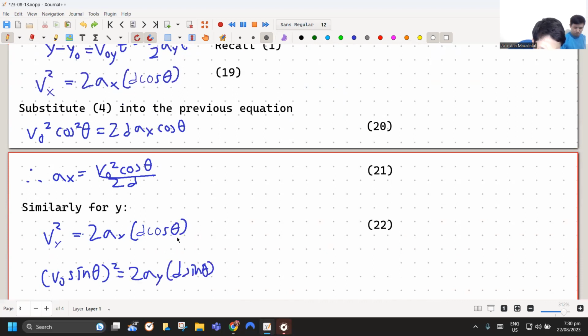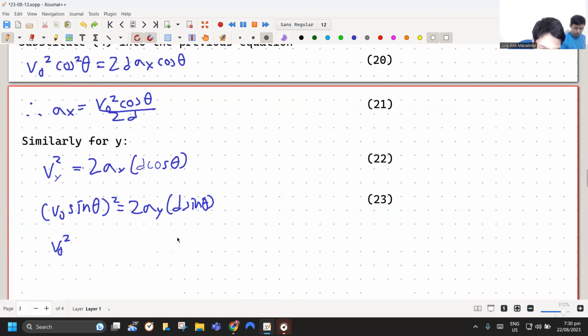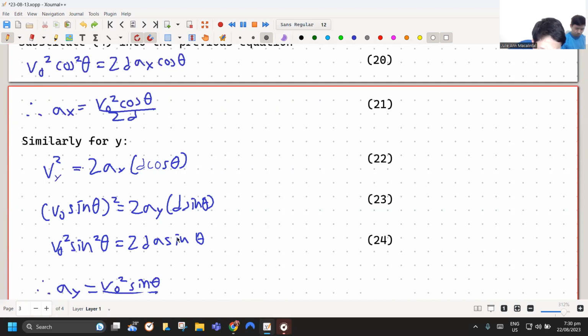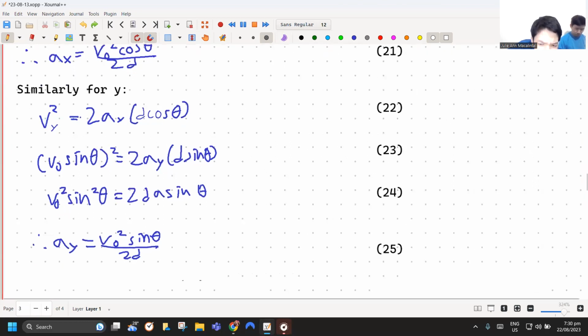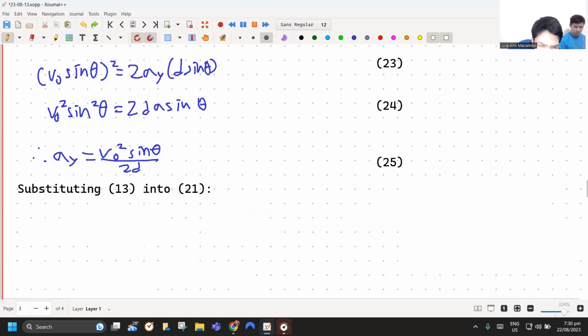And then we can isolate it. Okay, so now Ay is isolated. Ax and Ay are both isolated and we know everything on the right side. So now, it's time to substitute. So substituting 13 into 21, we can now expand V0 because we don't really know what it is.